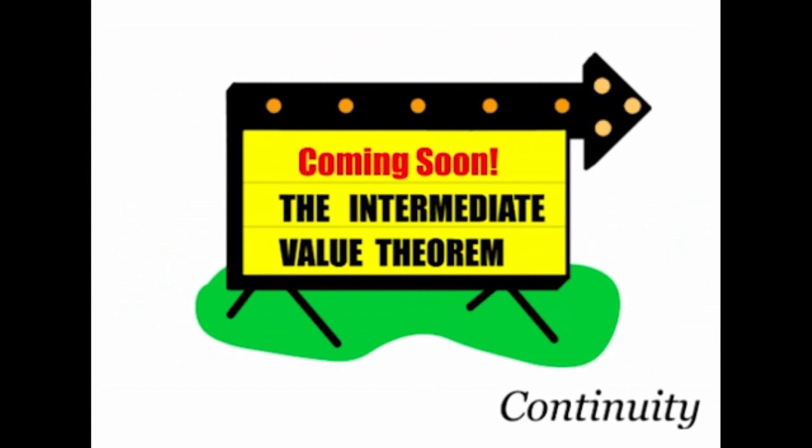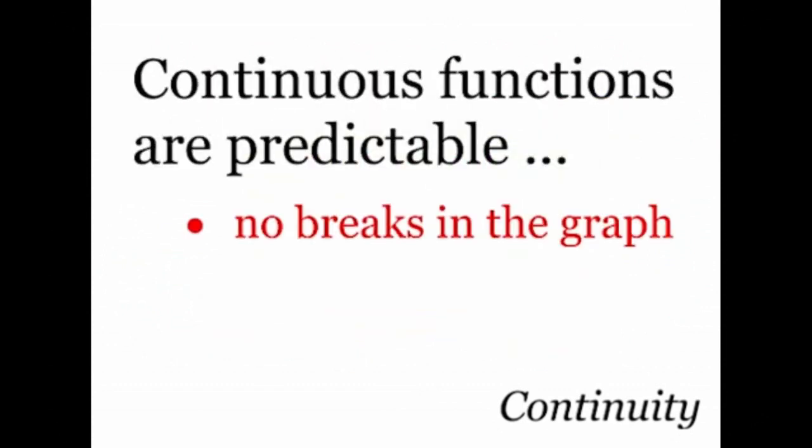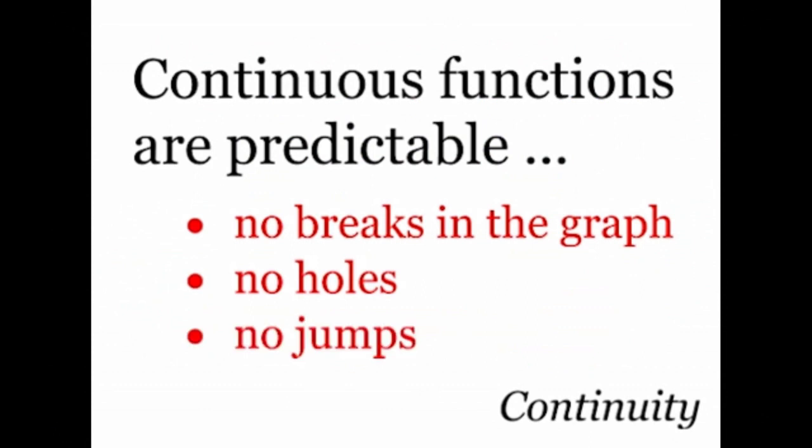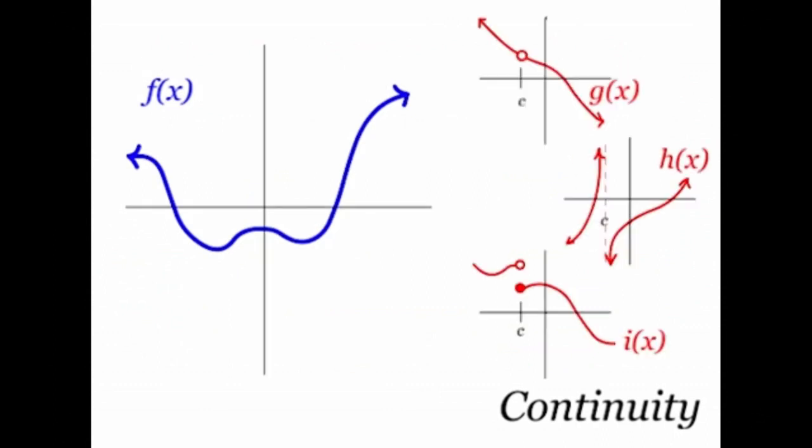Well, in theory, continuous functions are predictable functions. They have no undefined points, no breaks, no holes, no jumps in the graph. But enough talk. Let's take a look at some pretty pictures. Now this function f is continuous, but these g, h, and i are not continuous.